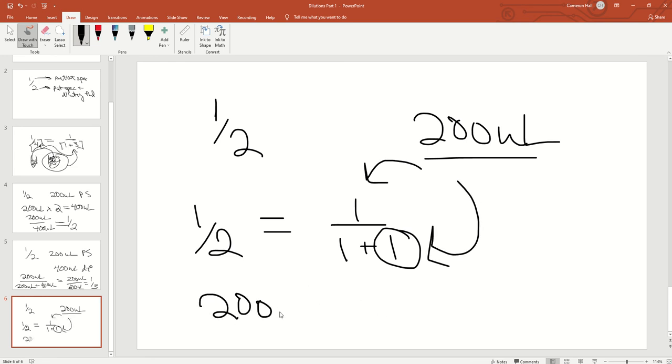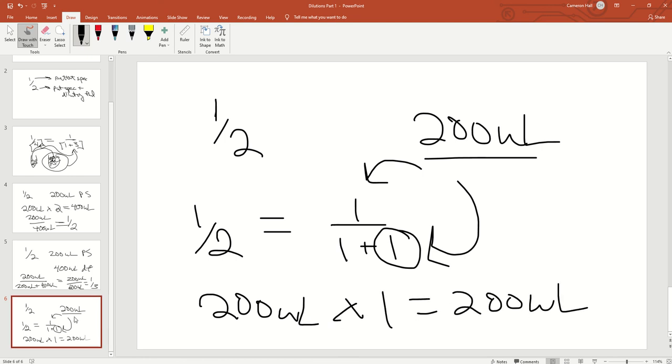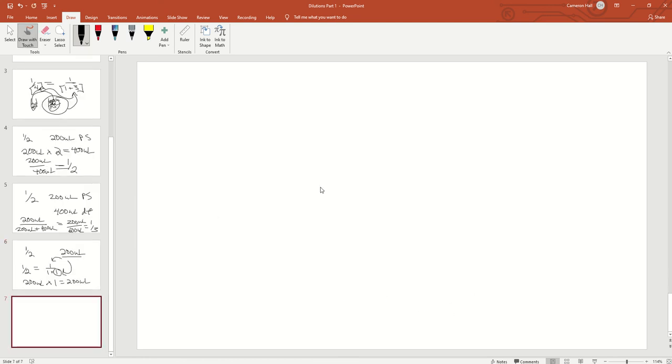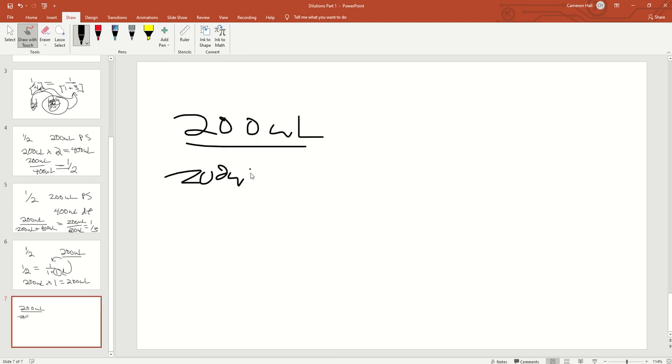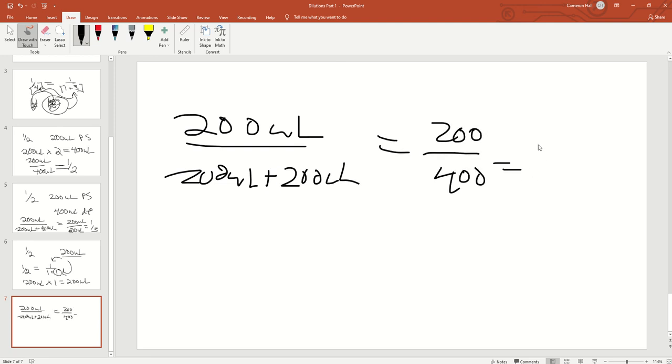So 200 microliters times 1 equals 200 microliters. And so if we do that math, we say, okay, 200 microliters divided by 200 microliters plus 200 microliters equals 200 over 400 equals 1/2. We're correct. That's the dilution factor we needed.